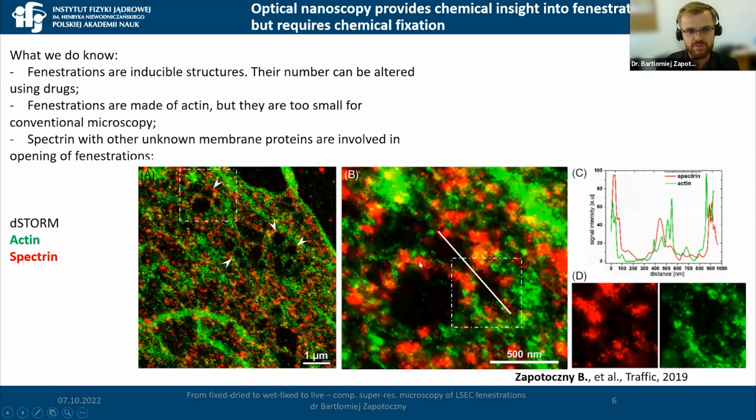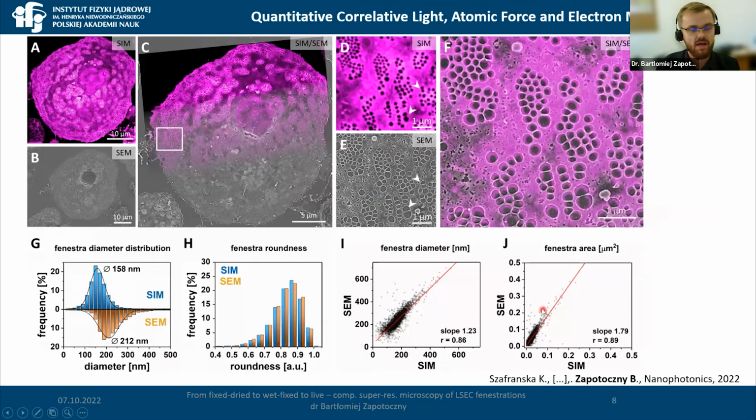We labeled spectrin red and actin green, and we show that we can see larger fenestrations, and we can also adapt the signal from spectrin and actin, somehow proving that spectrin is involved in the formation of fenestrations. But this method is limited to only fixed cells, so we cannot see any of those blinking using stochastic methods.